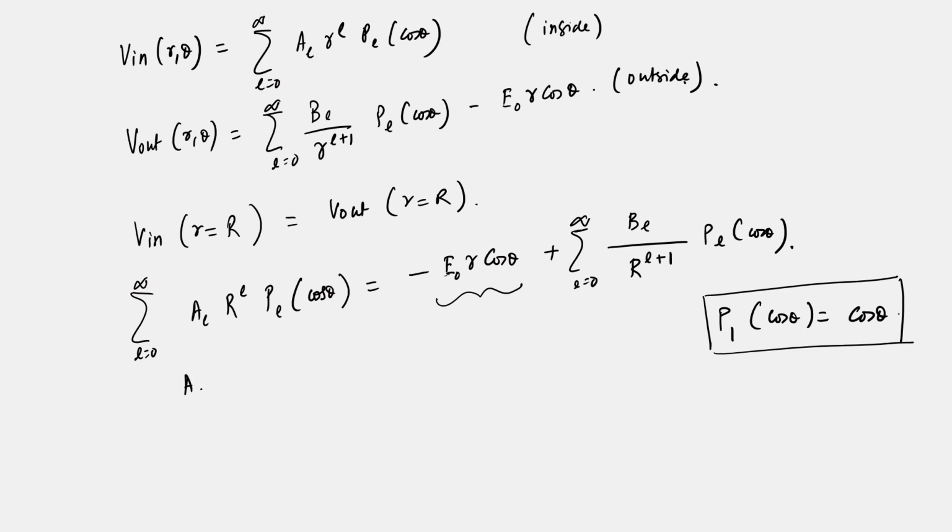So, we have A 1 R to the power 1, and there would be a capital R here, not small r. So, this is equal to minus E 0 R plus B 1 by R squared, by dropping all other terms excepting L equal to 1.